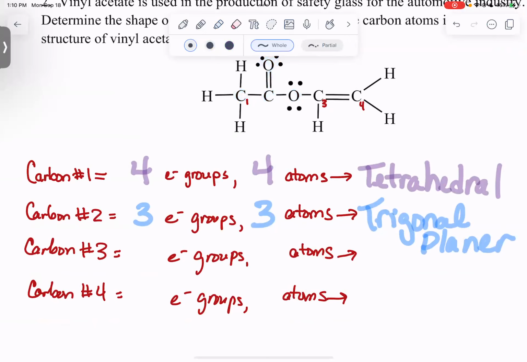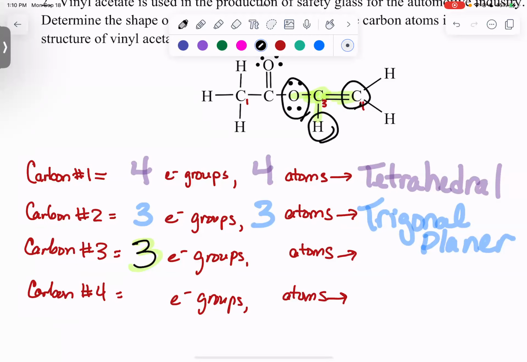Now let's go to carbon 3. Here's carbon 3, in green highlighter. I have 1, 2, 3 areas of electron density. It is terribly hard to see. I have 3 areas of electron density, and I have 1, 2, 3 atoms that surround that carbon. So 3 and 3 makes it trigonal planar.